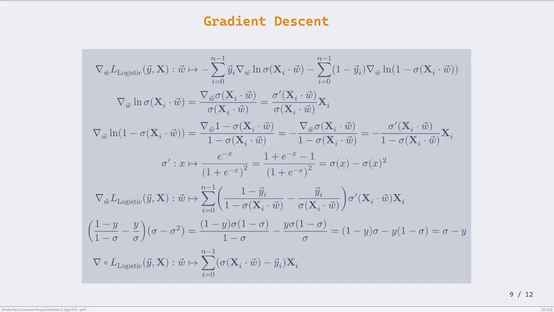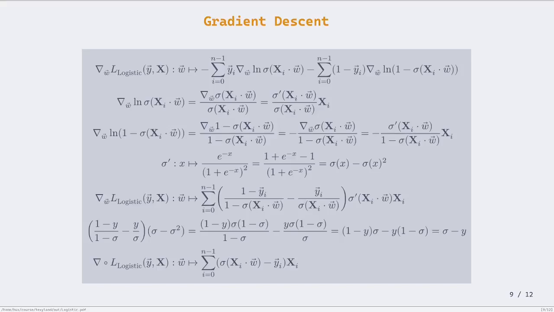You're not going to add that input example. But if your output is 0 and the real output was 1, then you're going to subtract the input example, and if your output was 1 and the real output was 0, you're going to add the input example. So this is the loss function for logistic regression.